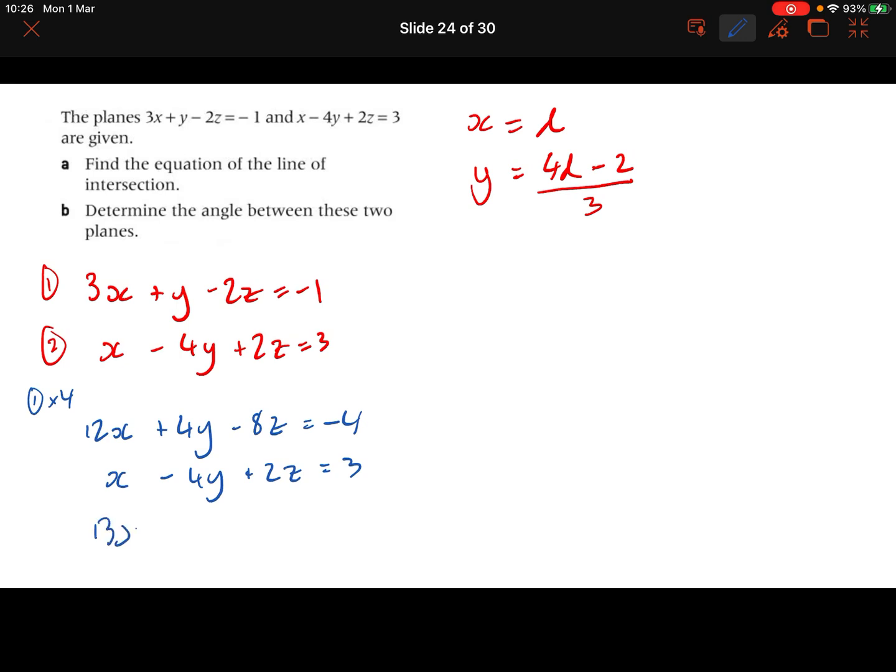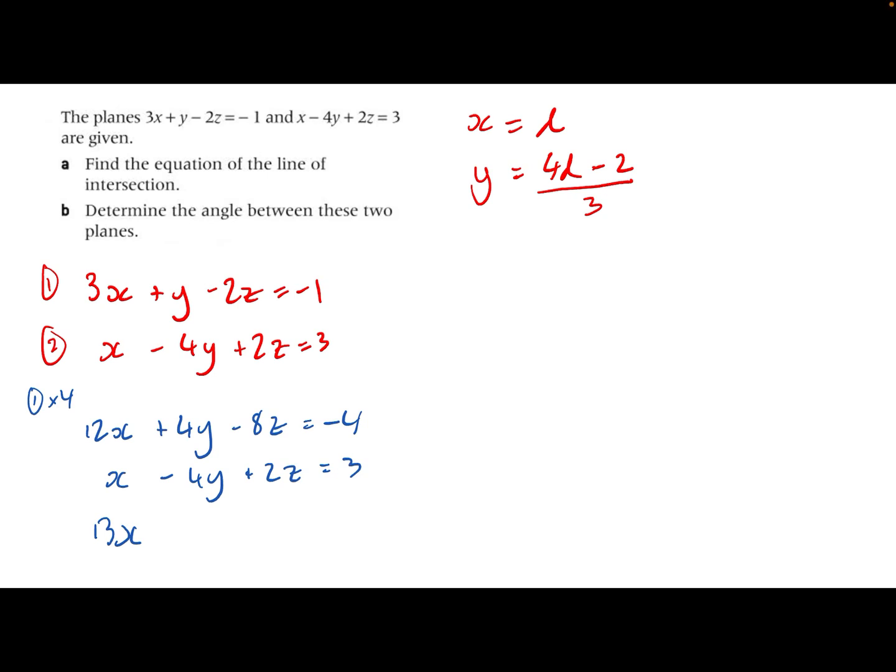So I'm going to get 13x, then minus 8z plus 2z, that's going to be minus 6z, is equal to minus 4 plus 3, that's going to be equal to negative 1. And again, what I can do is sub in lambda. So I'm going to get 13 lambda minus 6z equals negative 1. Now I'm going to rearrange to make z the subject. So 6z is going to be equal to 13 lambda plus 1.